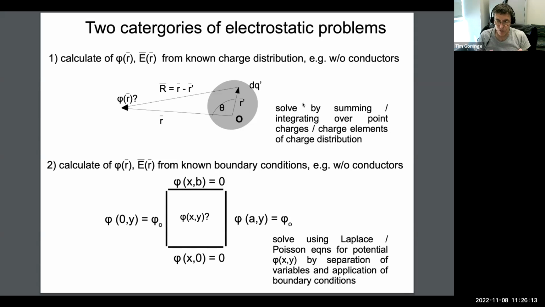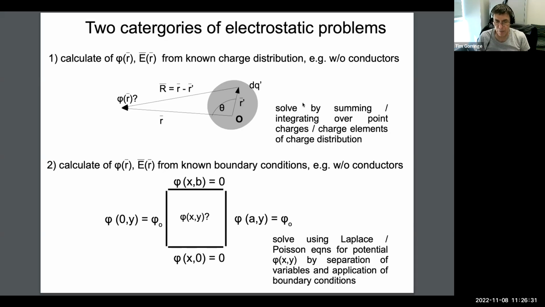That is, you need to sum up the electrical potentials of all the individual charges or charge elements. You have to sum them up or integrate them to get the total electrical potential.